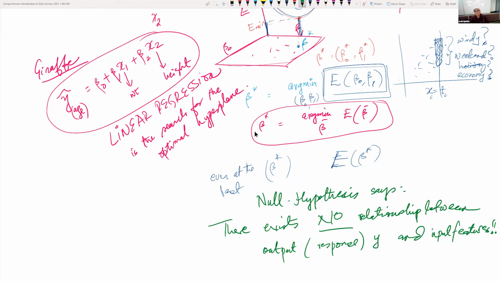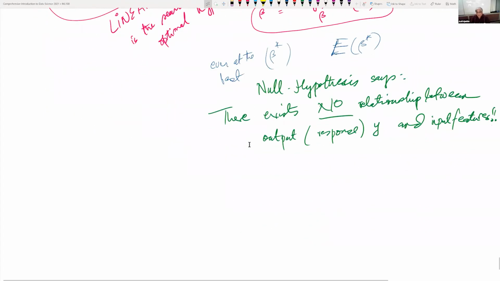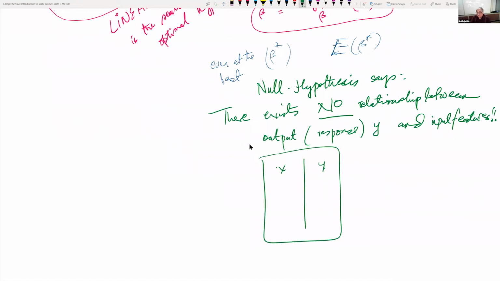Common sense says there is a relationship or not. No. There wouldn't be a relationship. But how would you know? What you have been given is this: a machine is given data as input and output, and you're supposed to build a model, y as some function, need not be linear, some function of x.